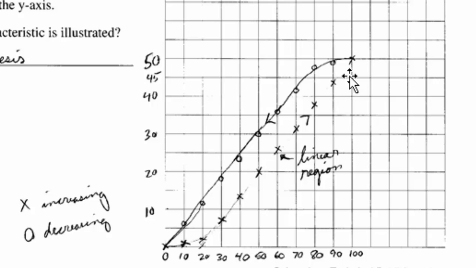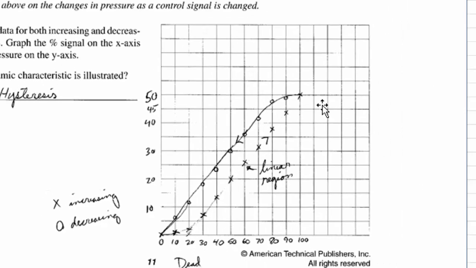So I've got a different set of point styles for increasing and decreasing. You can tell them apart, and you can see that one does not lay right on top of the other. This is called hysteresis. What hysteresis means is that the response of a system depends on the history.